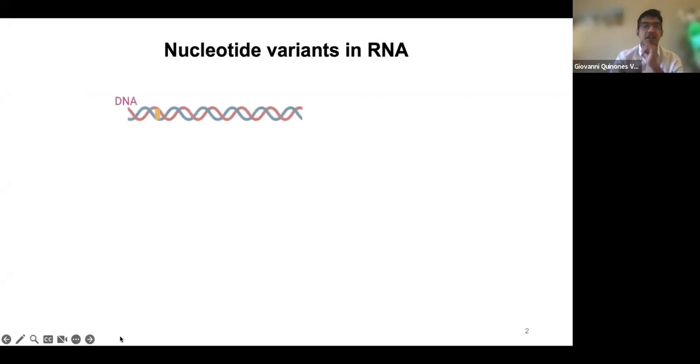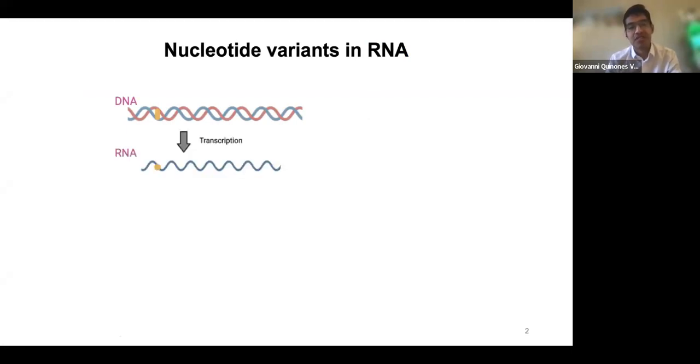So firstly, when we talk about nucleotide variants in RNA, most of us are probably familiar with the process of transcription, which is the process by which we make an RNA copy of the DNA sequence of a gene. And any genetic variant that is present at the DNA level will then also be present in the RNA sequence.